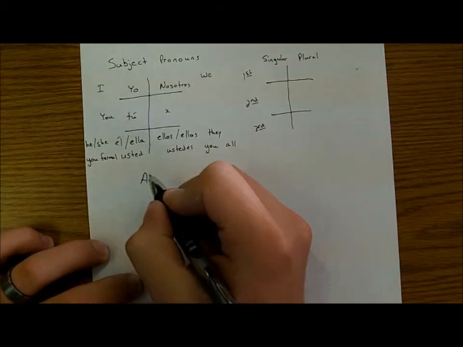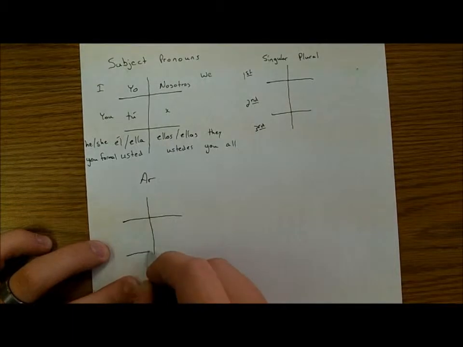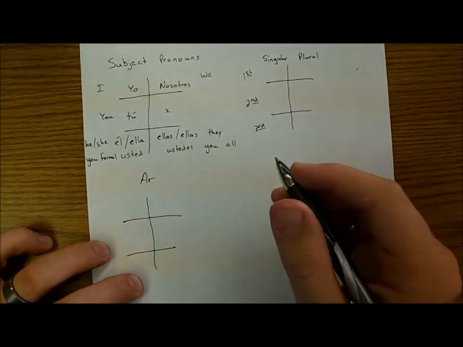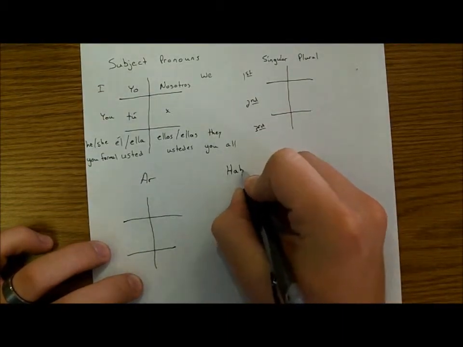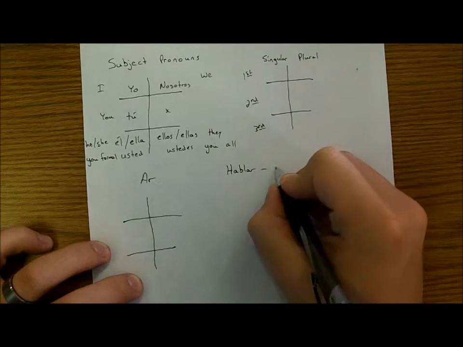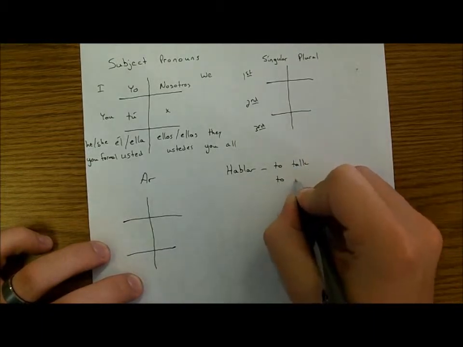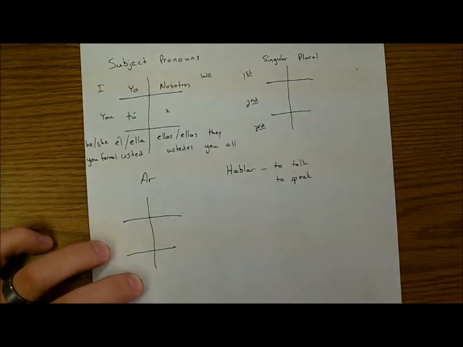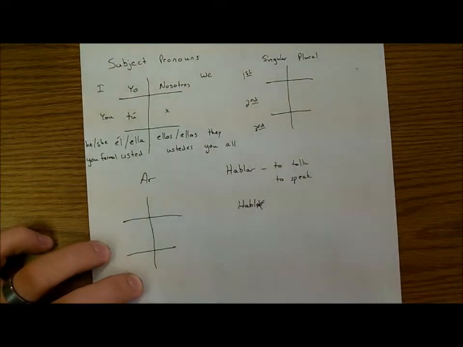In order to conjugate the verbs, we're first going to make our verb conjugation chart. Now, we're going to use a very common AR verb in order to demonstrate this. The verb is hablar. Hablar means to talk or to speak. Now, in order to conjugate verbs, the first step is you're going to cross off the AR.